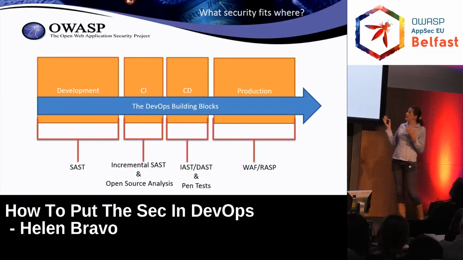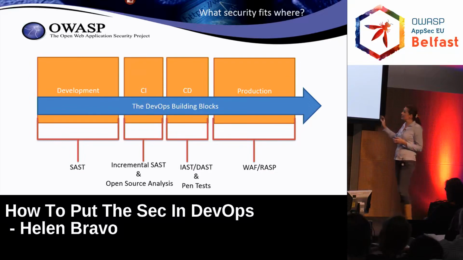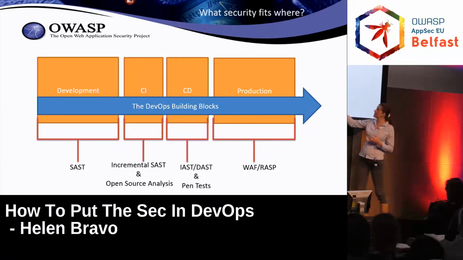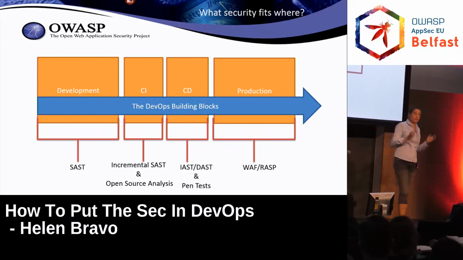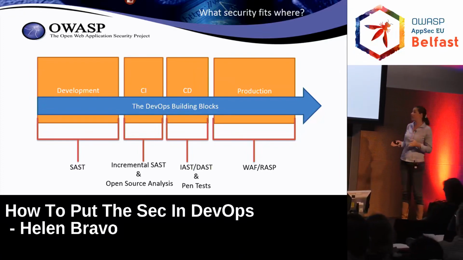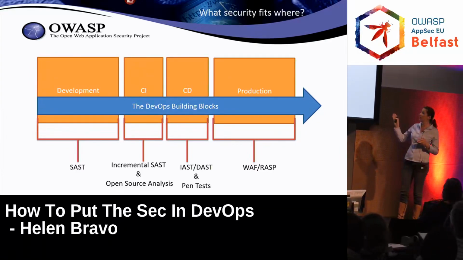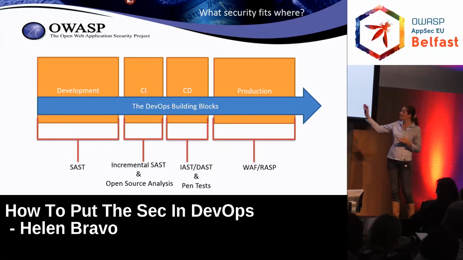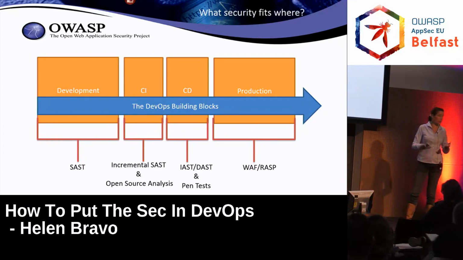So taking it back to the whole picture, we have the CD, the CI, and the development. And you can choose to implement security wherever it works for the project. For some projects, it might be enough just to do the checks at the end of the whole process.